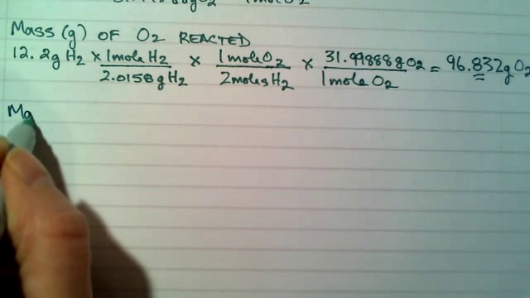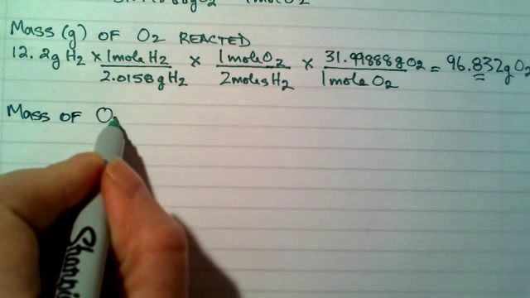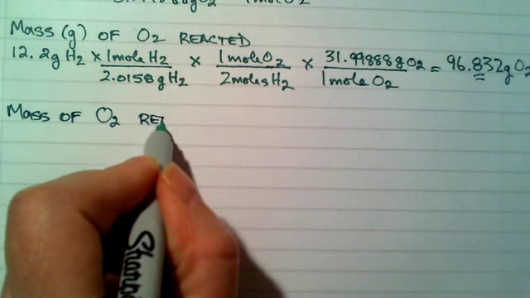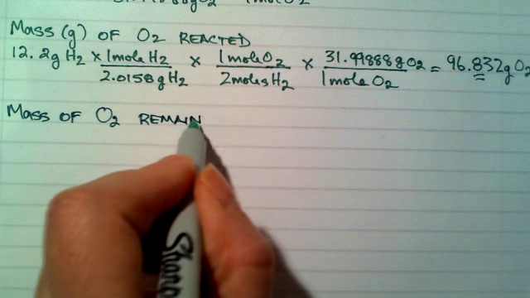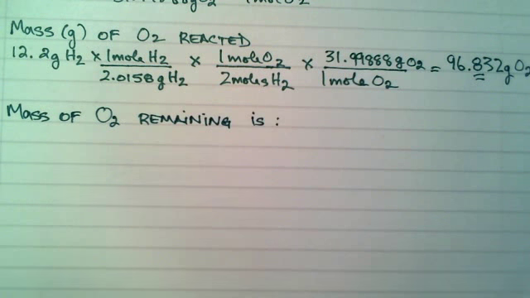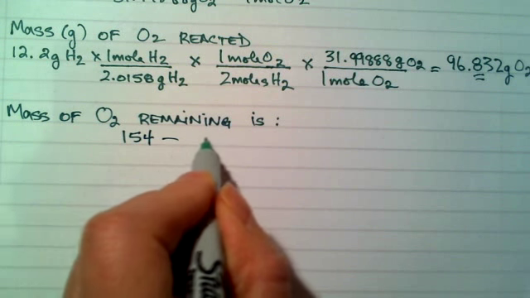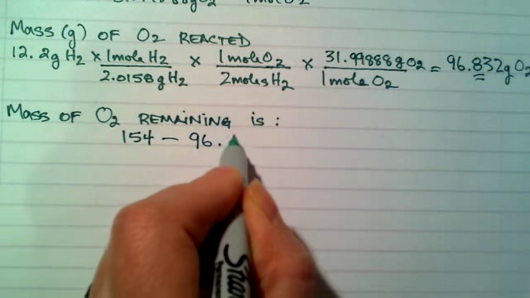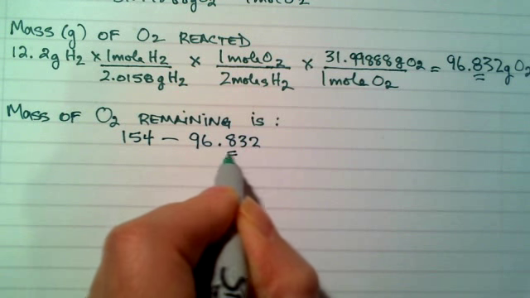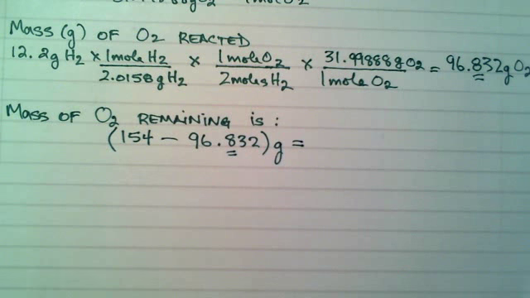And so the mass of my excess reagent O2 remaining after reaction, or simply left over, that would be my initial mass, 154, minus the reacted mass, 96.832. It's all in grams.